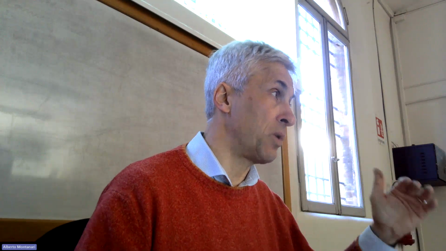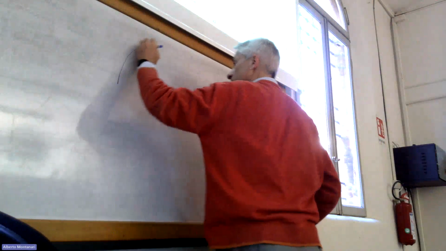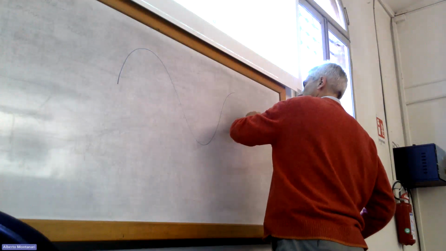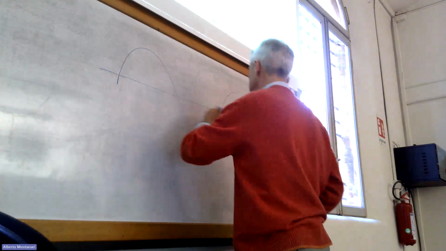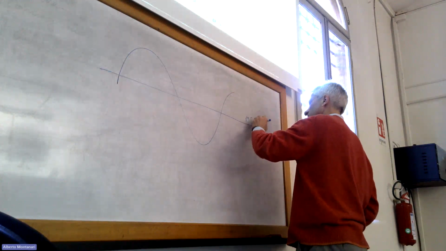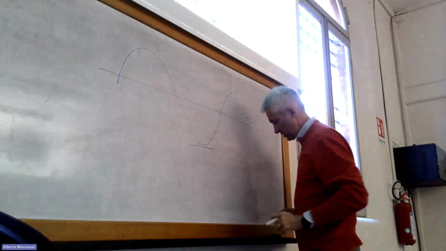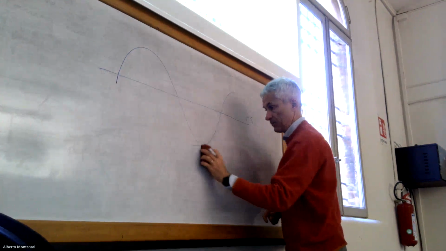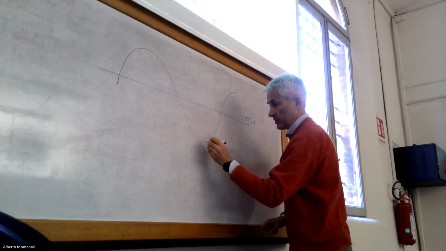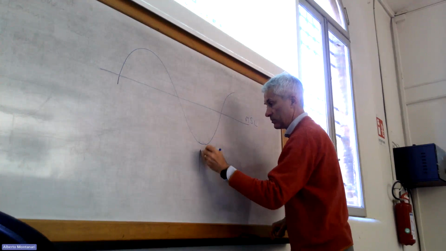of wave height. Usually what we are given is the wave height, which is the elevation difference between the crest and the trough. So if this is your wave, okay, and this is the mean sea level, this is the trough.